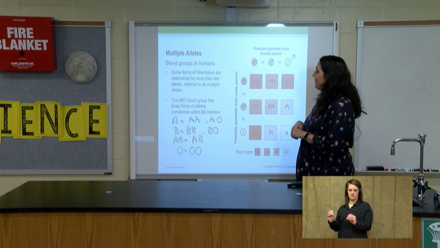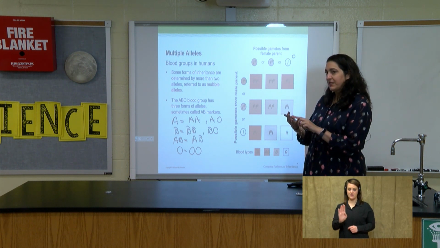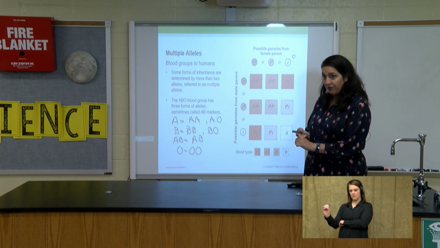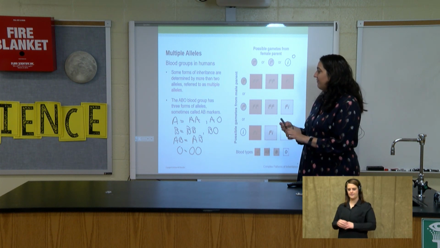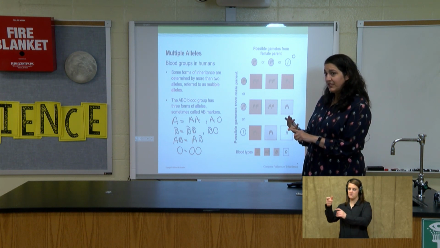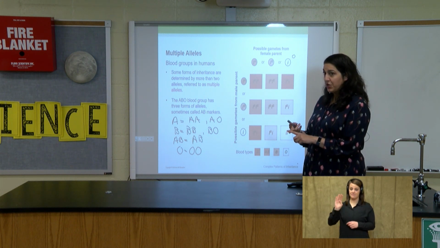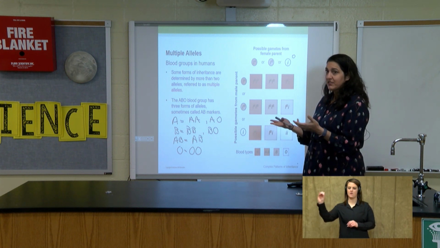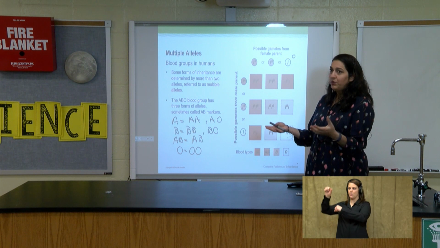If you are B, you can receive blood from somebody with B, or from somebody that is O. If you are AB, you express the A antigen, so you can receive blood from type A. You have the B antigen, so you can receive from type B. And you could receive blood from somebody AB, and O as well.